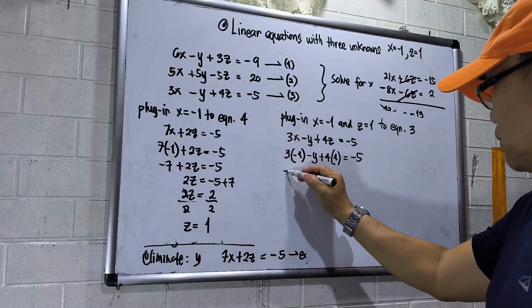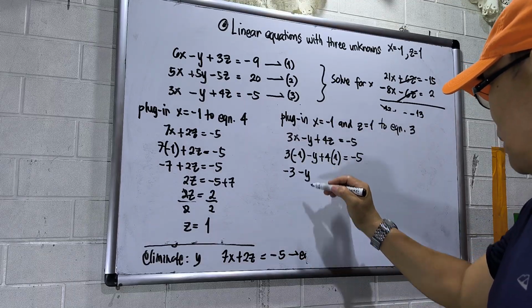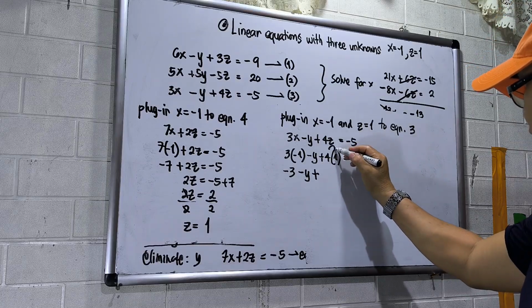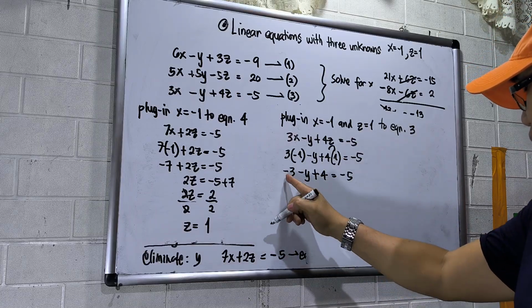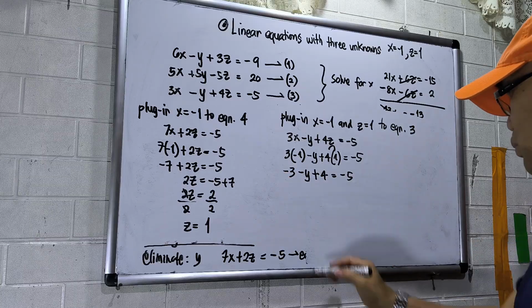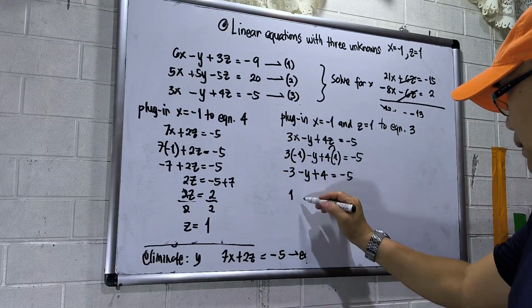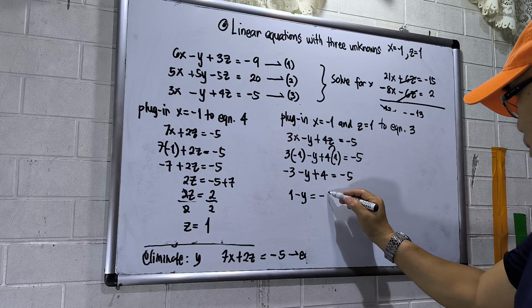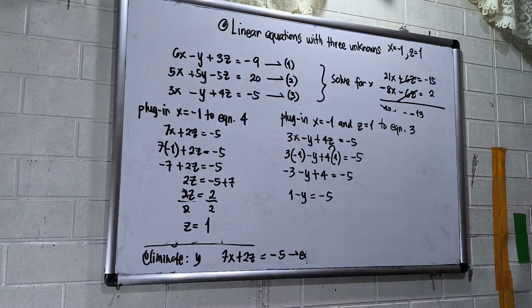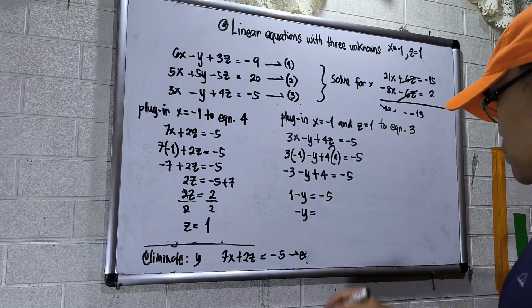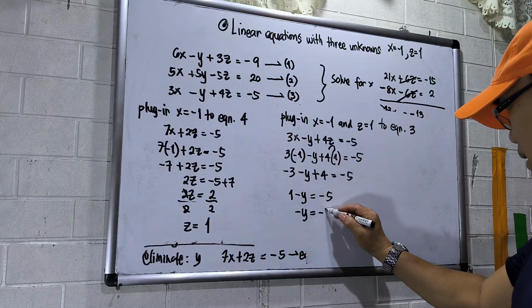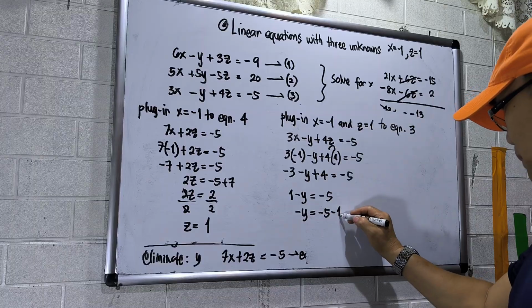3 times negative 1, that will be negative 3 minus y. Then plus 4 times 1 is 4, is equal to negative 5. So combine negative 3 and positive 4, that will be positive 1 minus y is equal to negative 5. Okay? So 1 will be transposed to the right, that will be negative 1.